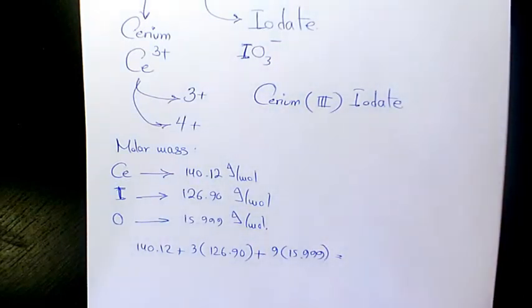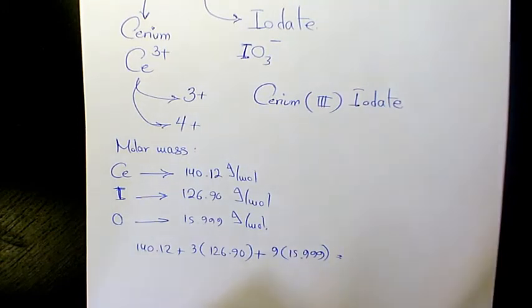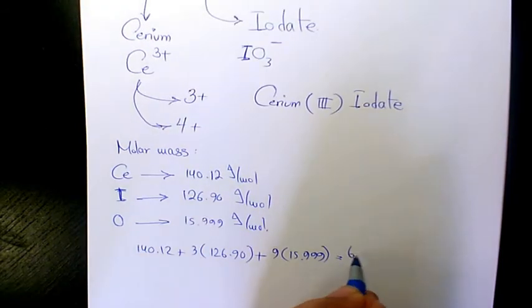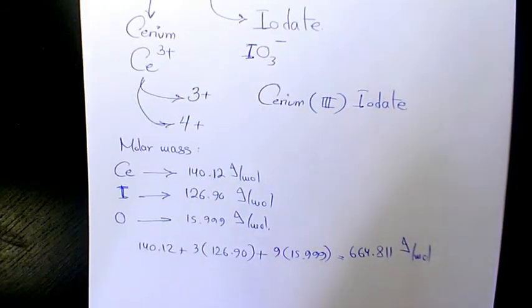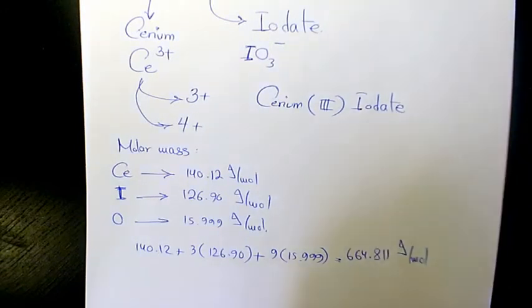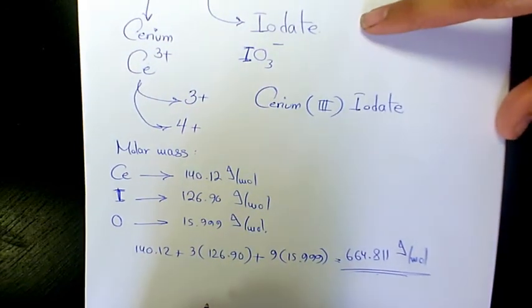So that's going to be 664.811 grams per mole. That's the molar mass or molecular weight of cerium iodate.